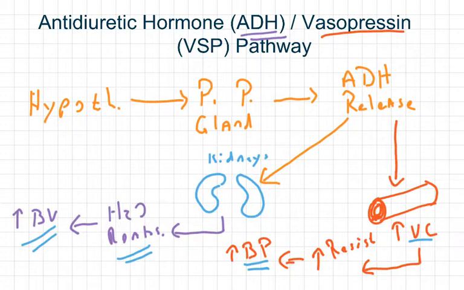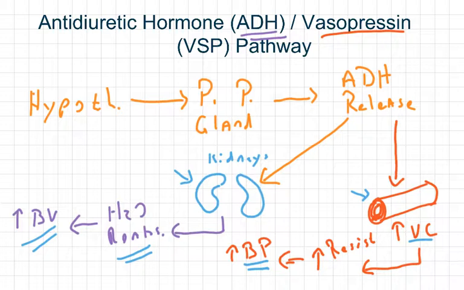This pathway is much shorter than the RAAS pathway. Furthermore, the effects of ADH are direct onto the target tissues. This is why the ADH-vasopressin pathway is considered a short-term pathway.